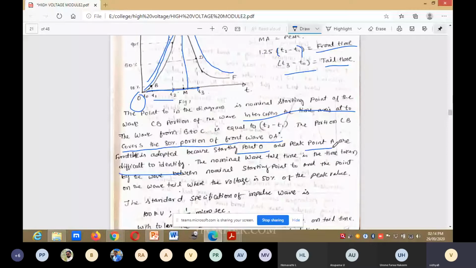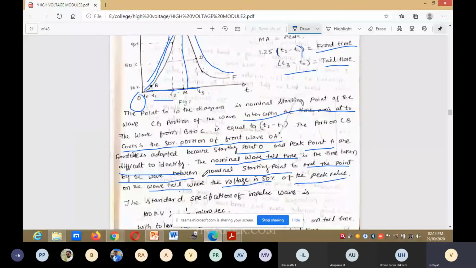The nominal wave tail time is the time taken by the wave between the nominal starting point and the point on the wave tail where the voltage is 50% of the peak value.